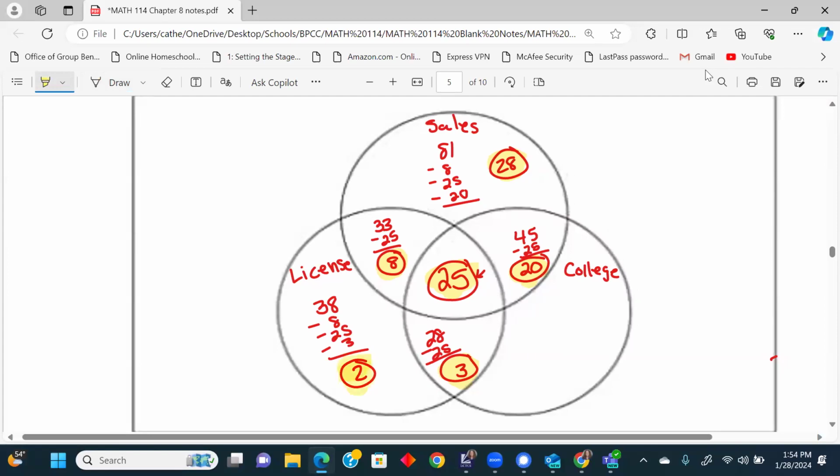Sorry about that. And then our last one is college. The college circle is 65. And we have to subtract out these overlaps. I'm just using a small handheld calculator for this.